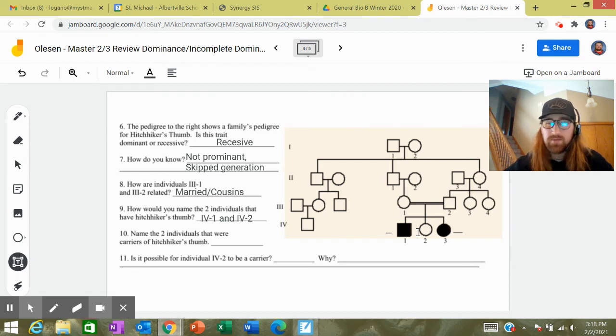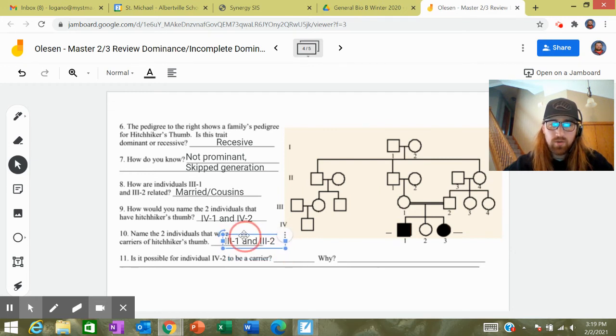If they're carriers, that means they can have it, but they don't show it. So they have to be heterozygous, which is going to make them these parents. So it's going to be these, 1, and these, dash 2, are going to be the parents.